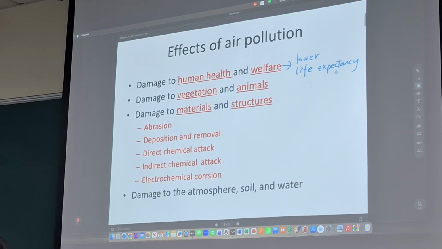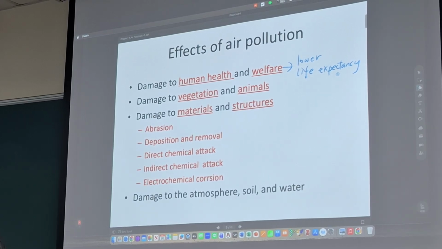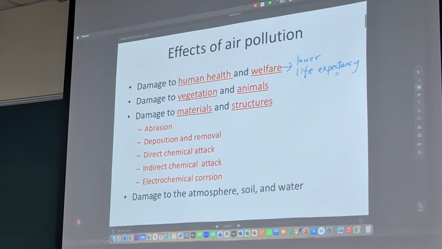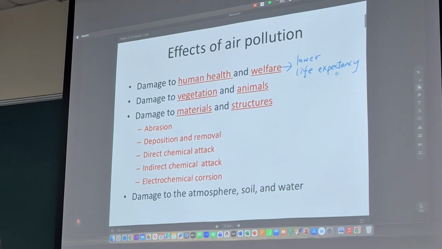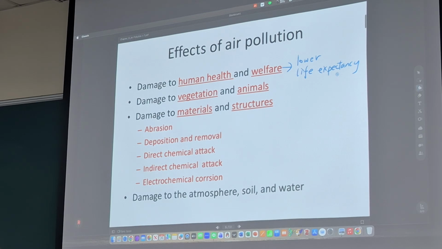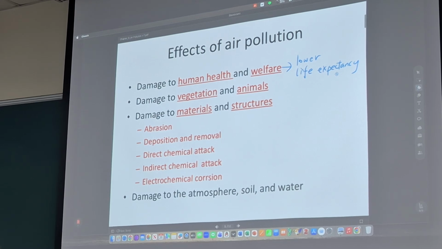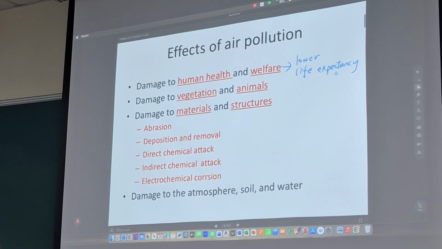For example, without air pollution you might live until 100 years old, but because of air pollution you might die earlier, like 70 or 80. So it will reduce our life expectancy.